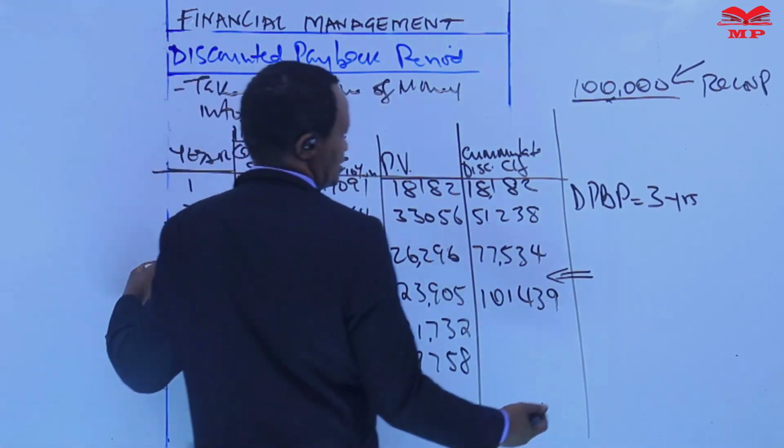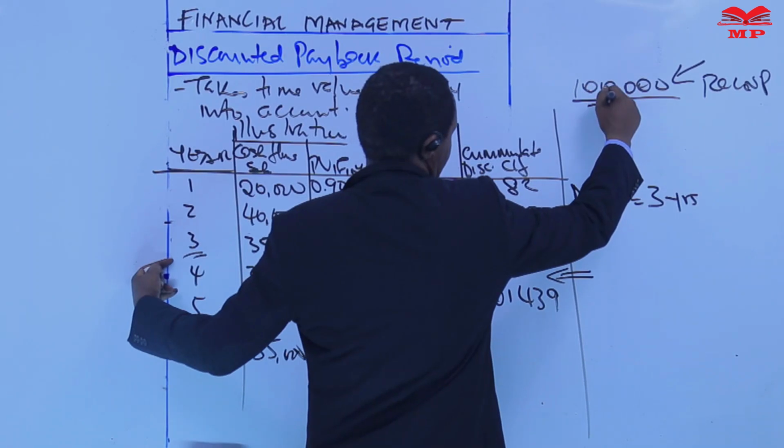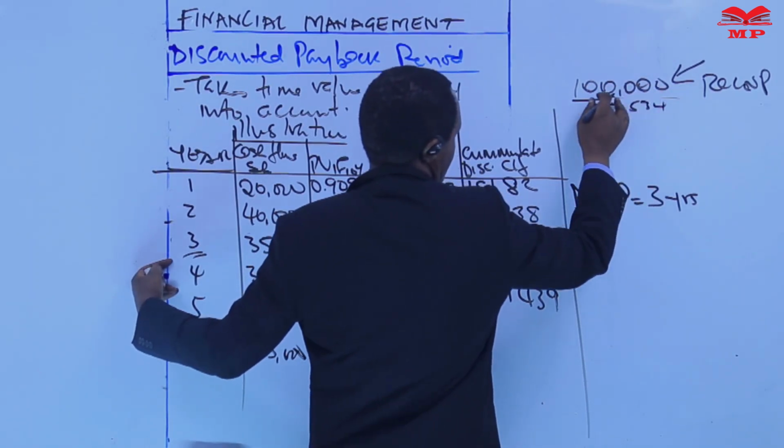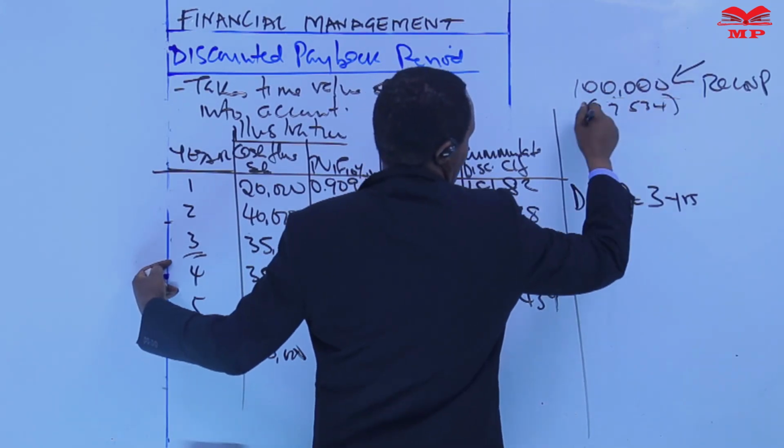If you deduct the 77,534 from the 100,000, what is the balance?